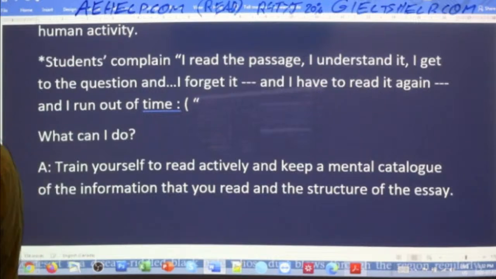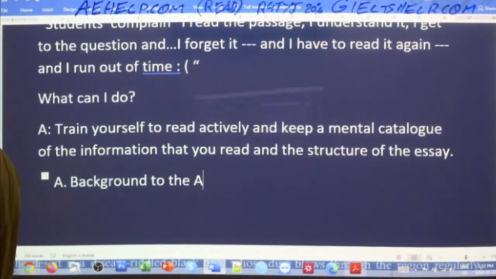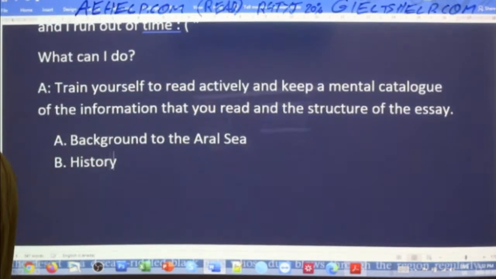So what I'm talking about here is paragraph 1 was background to the RLC, right? Okay, and then paragraph 2 was the history of the RLC.